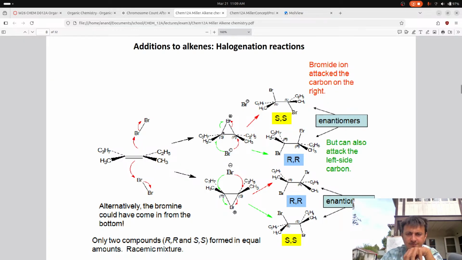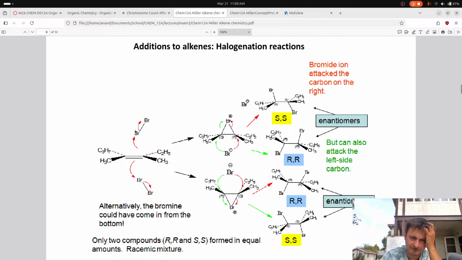So here, one of these is going to be like an SN2-like reaction. So if this bromide attacks, for example, the R, we end up with an S on this right here. So we get one inversion and one non-inversion, it seems.